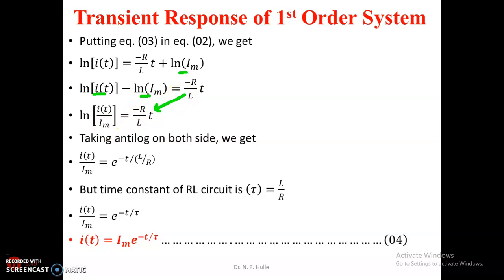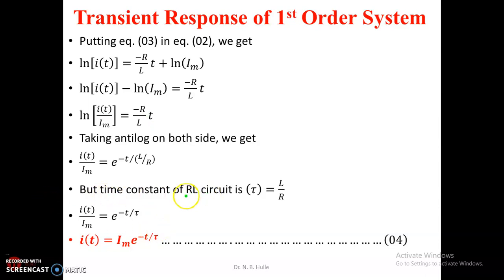Now if we take the antilog on both sides, we get the final terms. The antilog gives I(t) upon Im equal to e raised to power of minus R upon L into t. Here we can readjust R upon L in terms of L upon R, which is the time constant of the circuit.